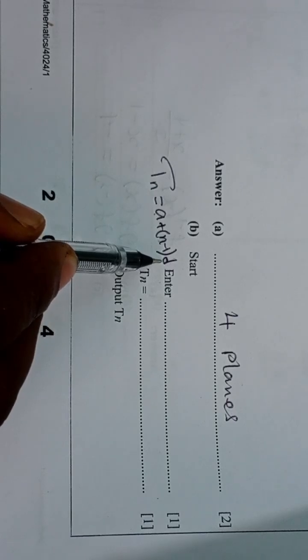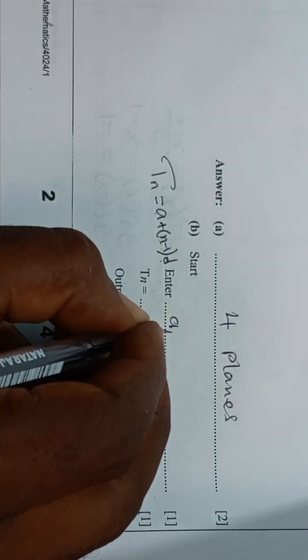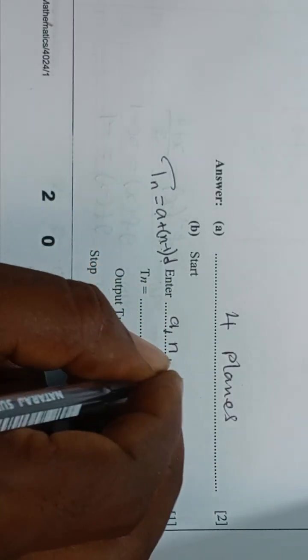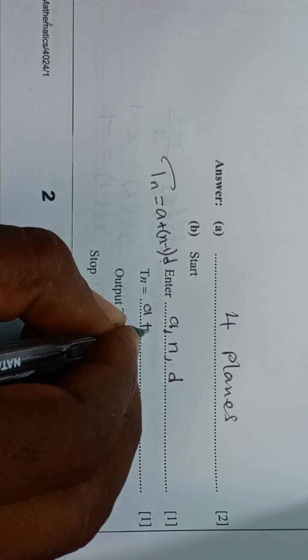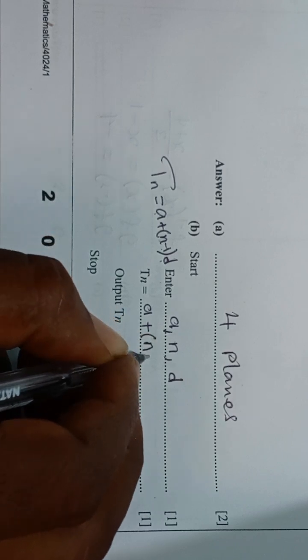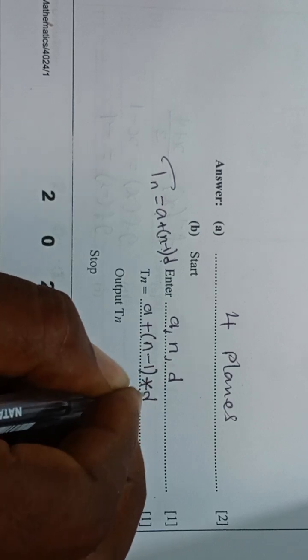So you enter a, n, and d. So we don't enter the constant. Then from there now, you introduce the formula. So it is a plus n minus 1 times d.